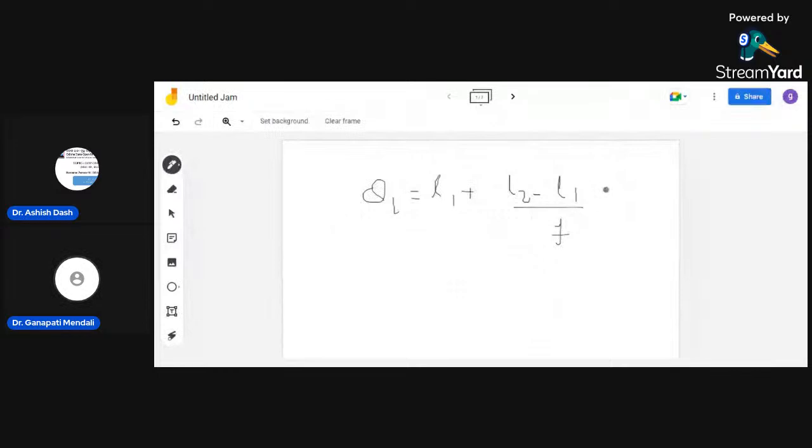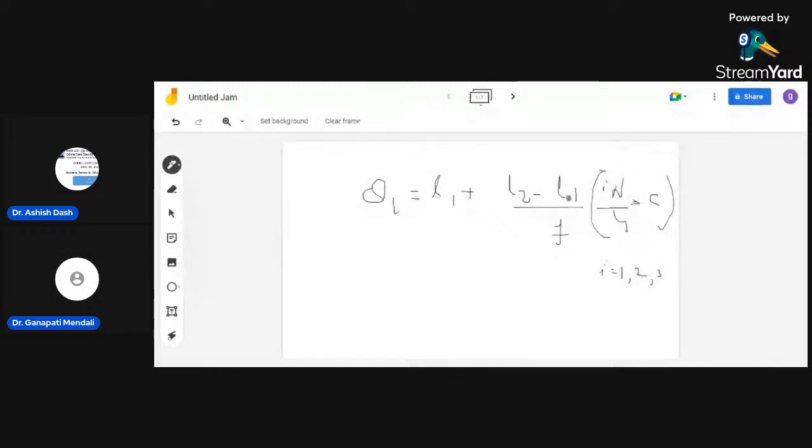I will take i from 1 to 3 because there are three parts.